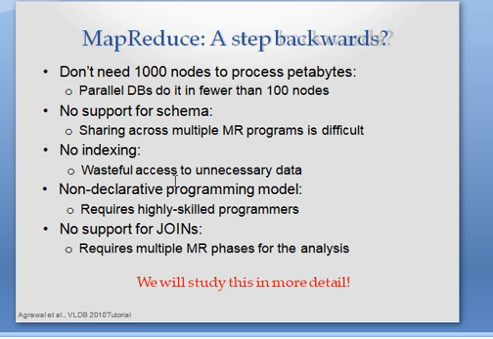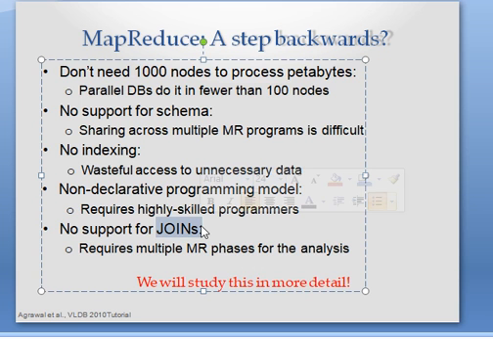MapReduce, the concept is quite simple, and so there is concern that MapReduce is too simple, for example, that it cannot do join. If we have done SQL, we know the join is quite helpful.